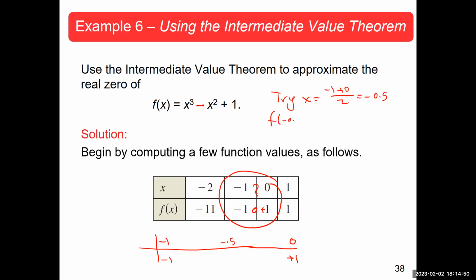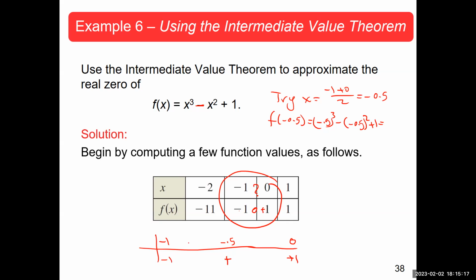F of negative 1/2, you plug it in: negative 1/2 cubed minus negative 1/2 squared plus 1. If you try that number, it's going to be a positive number.